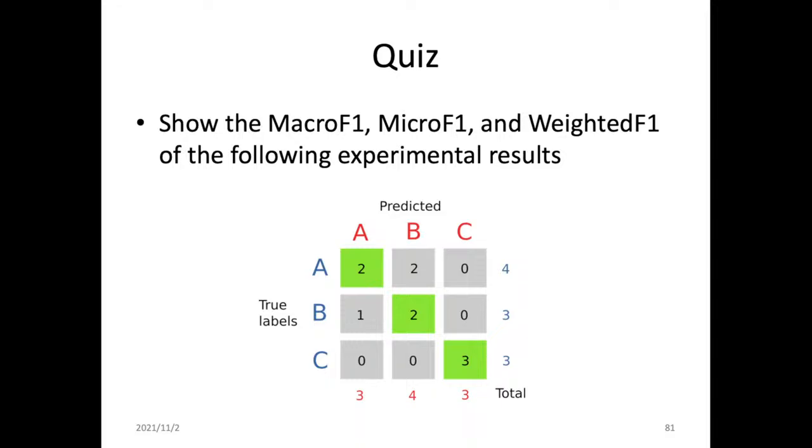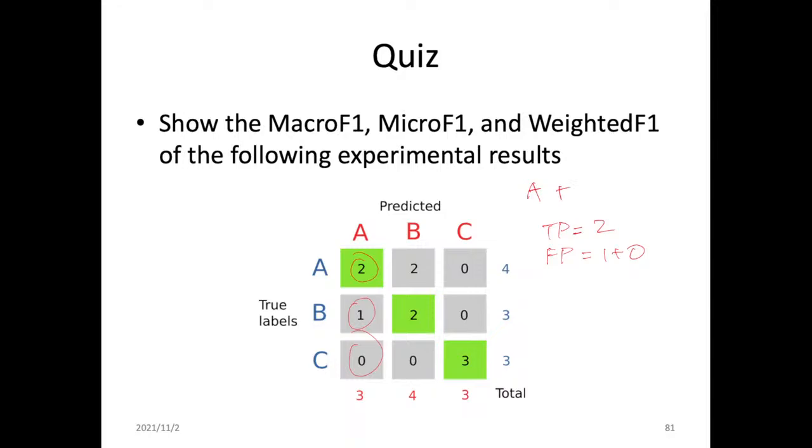If we regard A as the positive case, then the TP will be these two, right? And the FP will be 1 plus 0. They are predicted as positive, but they are wrong.